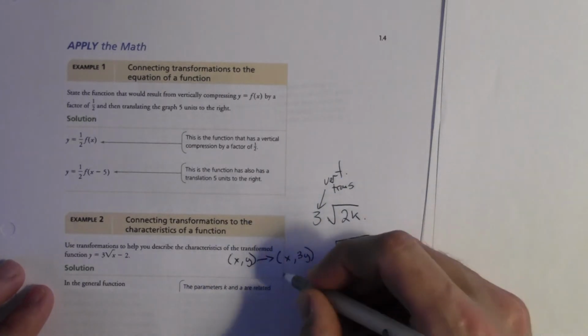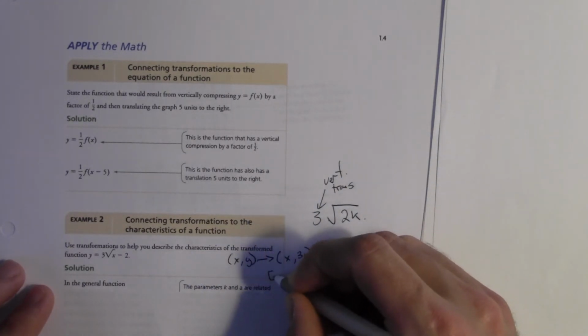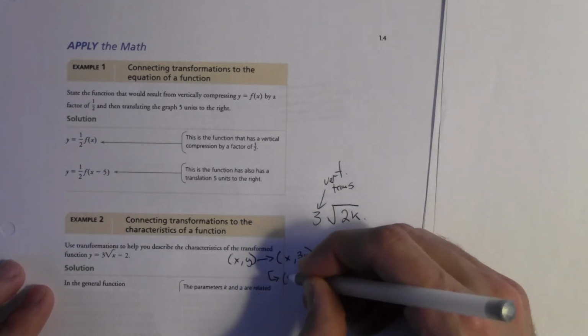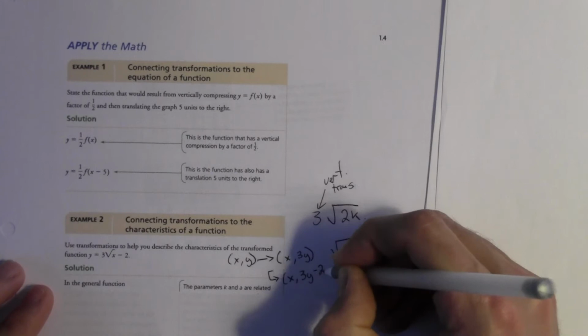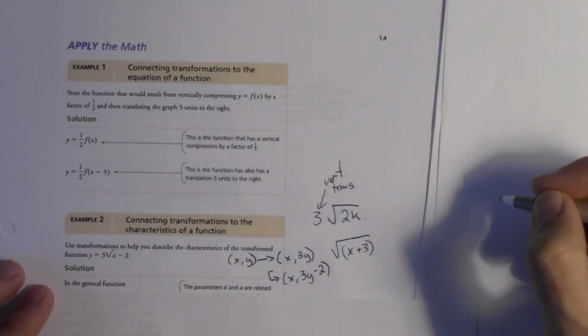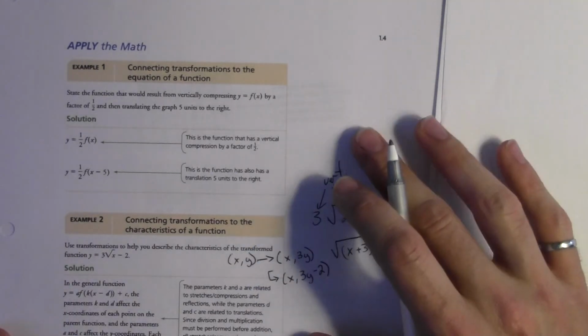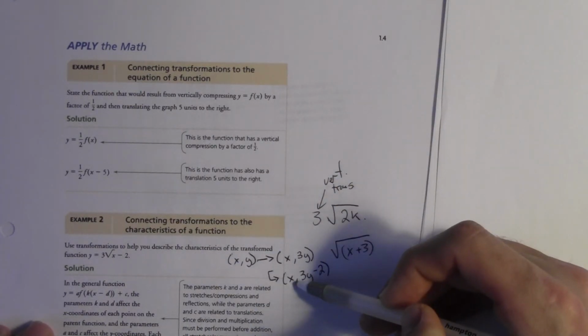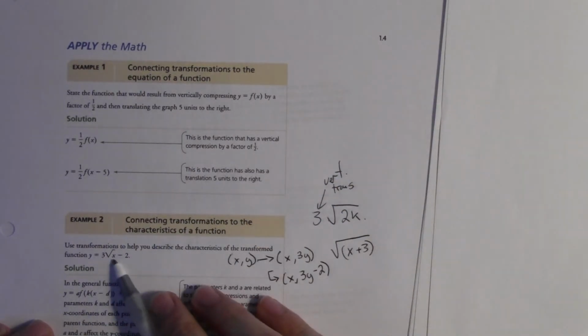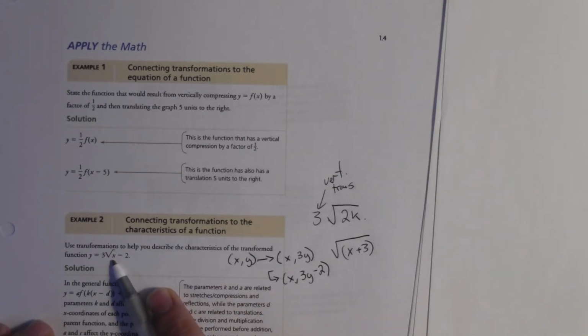How do I do that? Subtract 2 from y. Like that? Yeah. And does anything happen to the x? No. Good, because there's nothing happening to the x. There's no horizontal or vertical translations to it, and there's no stretch or compression.